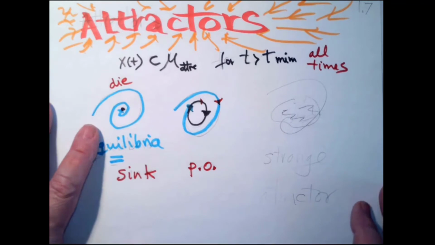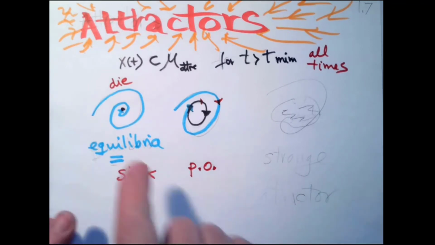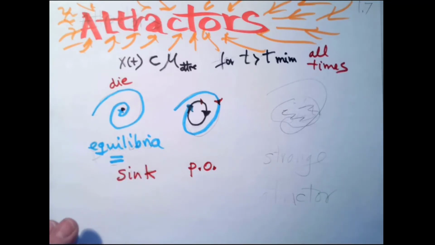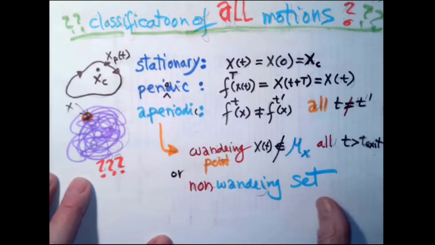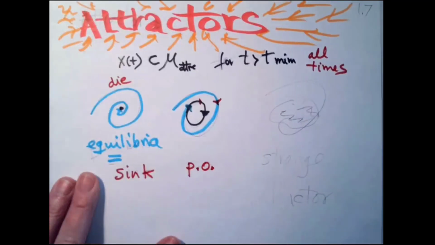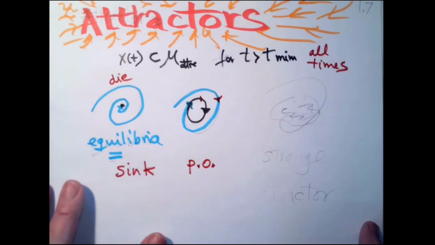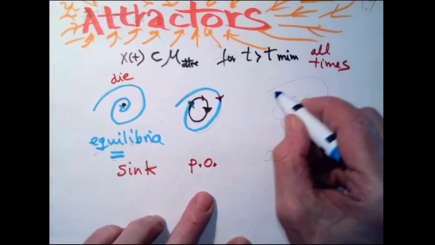They're called limit cycles or periodic orbits. And now remember, we were classifying all motions. So that's what we meant by stationary, periodic. If you have an attractor, you actually see those things because you end up on them. But then what about everything else?